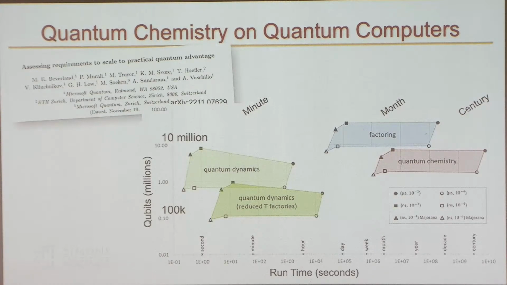What we can see here, these different points are for different errors and different gate times. The gate times are between microseconds and nanoseconds. And these, as I say, are raw qubits.